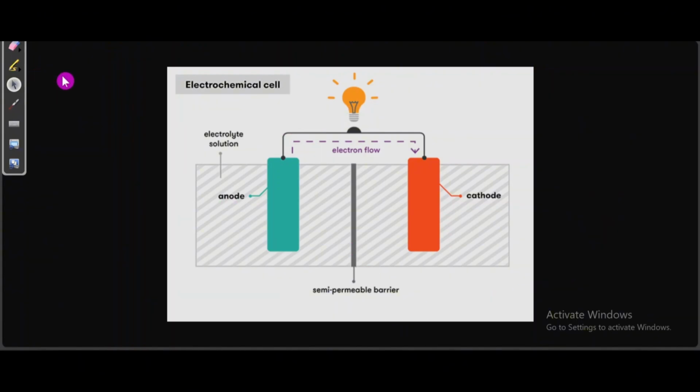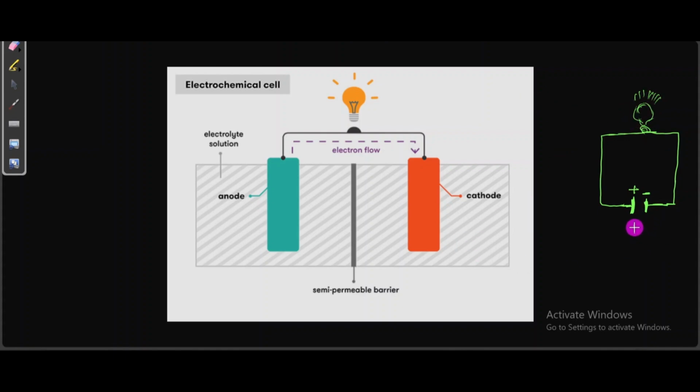You may see in the circuit, let's say we have a battery here. This is the positive terminal of the battery, this is the negative terminal of the battery, and it is attached to the bulb. Let's say this is the bulb, and the positive terminal of the battery is attached to one side of the bulb, and the negative terminal of the battery is attached to the other side of the bulb.